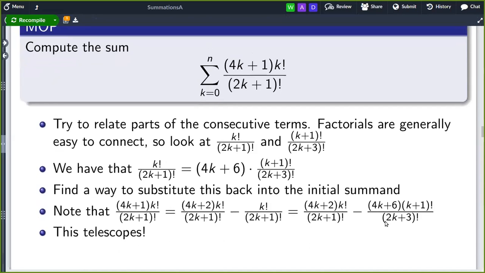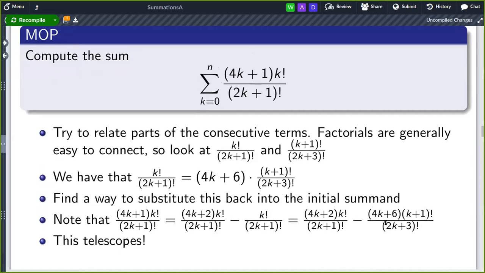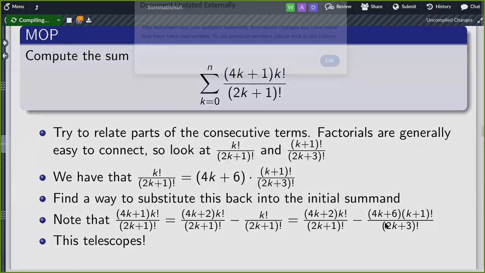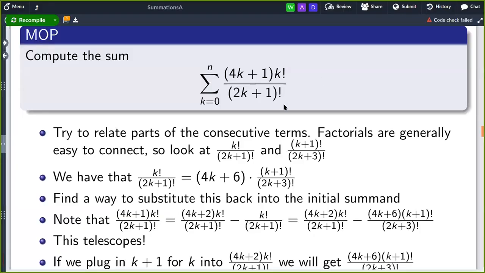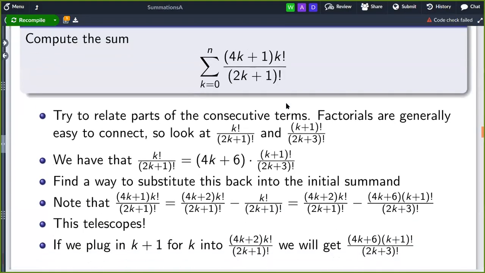One way you can see this is that if you plug in k plus 1 for k into the first expression, we're just going to get the second expression. So now that we have this telescope, we're just going to solve it normally.